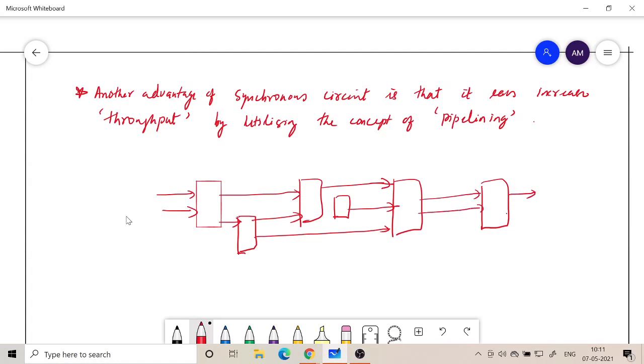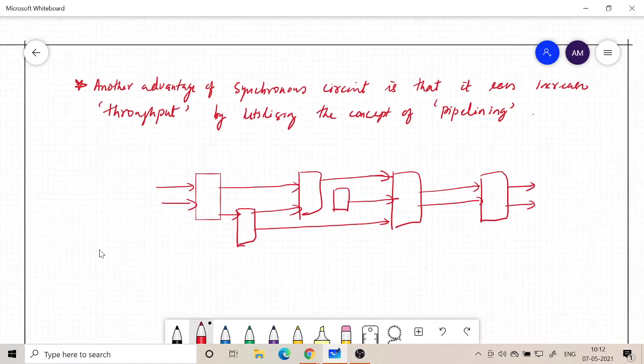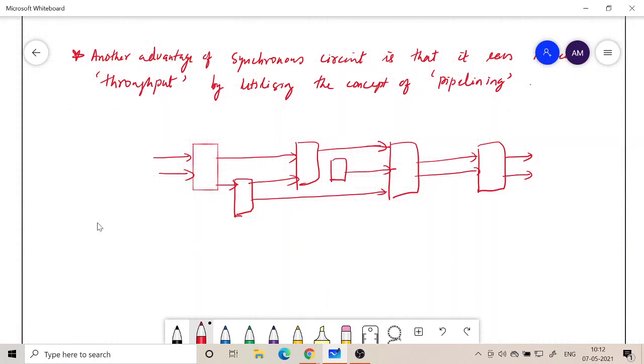So these are some combinational circuits. Suppose I am not using any clock. There could be many more stages in order to exemplify the effect that I'm going to talk about. So this is my input, and this is my output. This is stage 1, stage 2, 3, 4, 5, 6, etc.